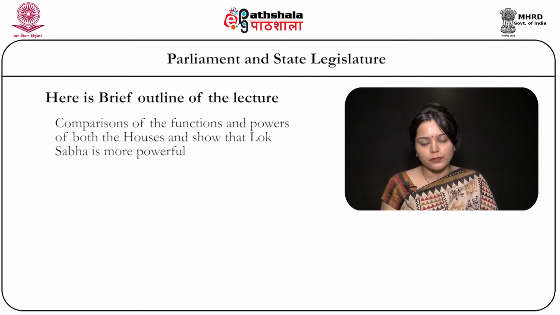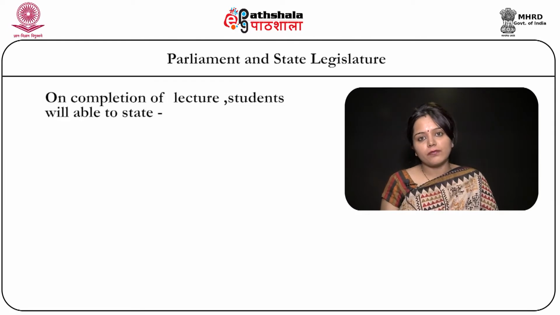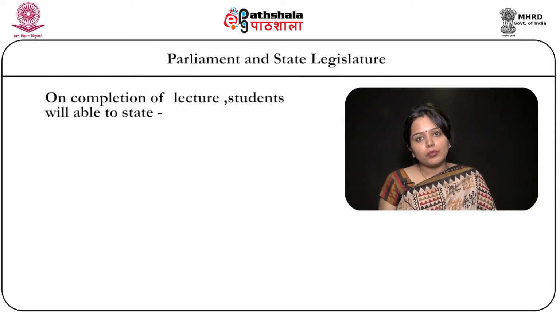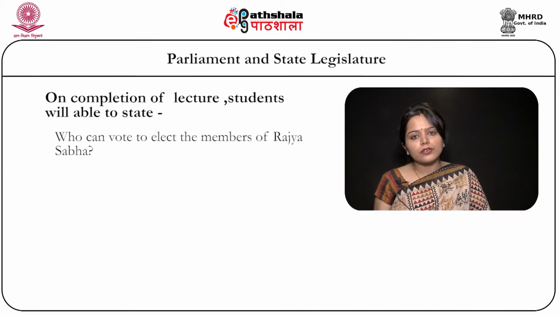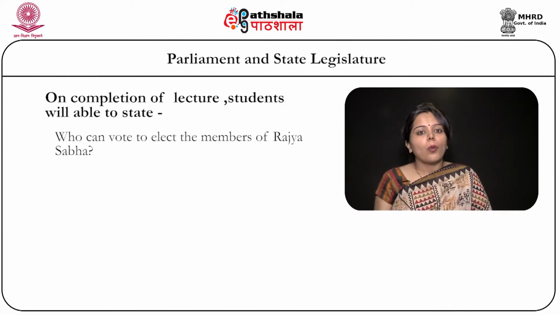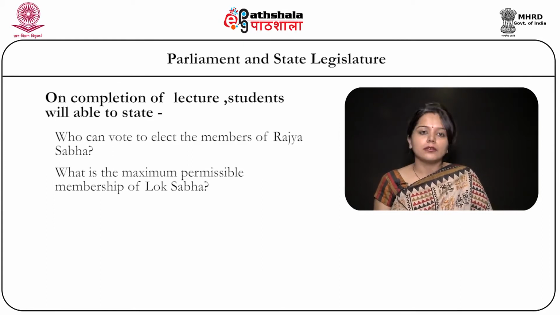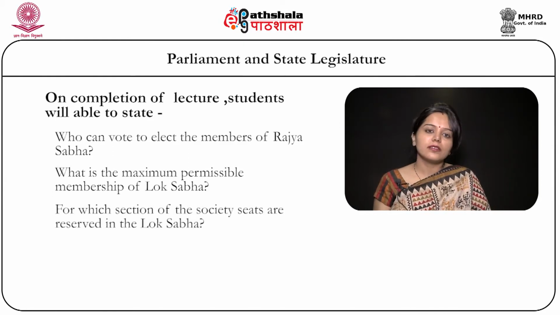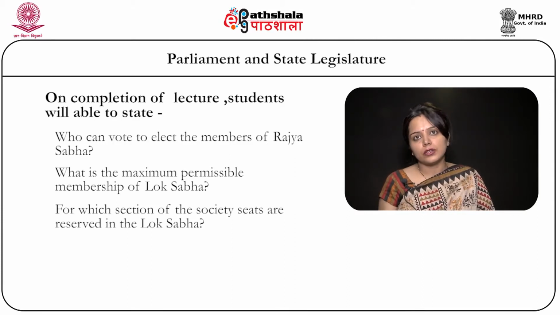And my dear students, on the completion of my lecture, you will be able to state who can vote to elect the members of Rajya Sabha. Secondly, what is the maximum permissible membership of the Lok Sabha? And next, for which section of the society are seats reserved in the Lok Sabha?